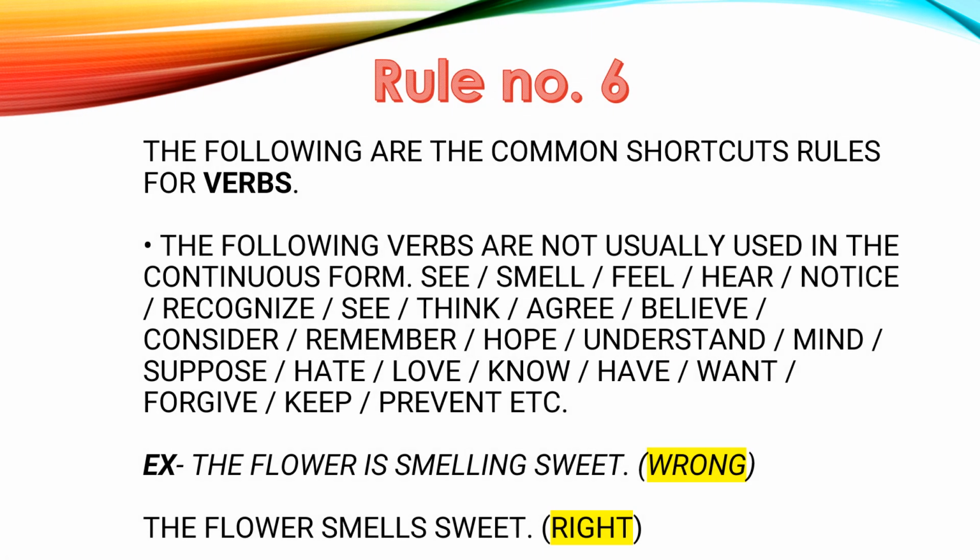Next we have rule number 6, and it is related to the mistakes, shortcut rules related to verbs.